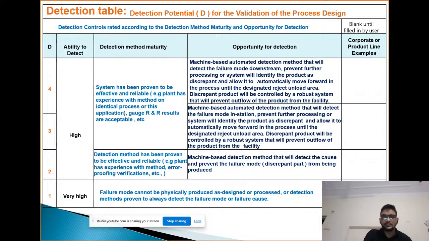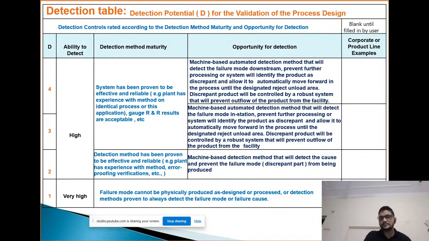That detection method has proven to be effective and reliable, and the plant has experience with the method and proven verification. The opportunity for detection is a machine-based detection method that will detect the cause and prevent the failure mode, both cause and mode.